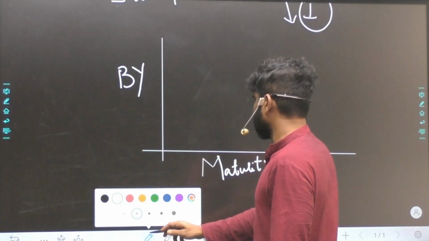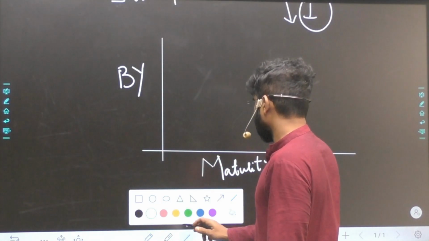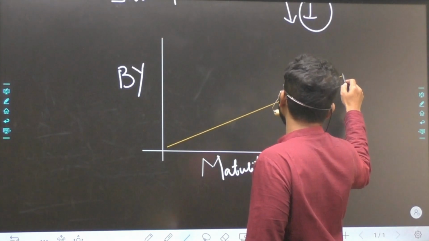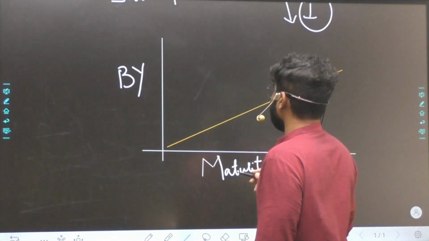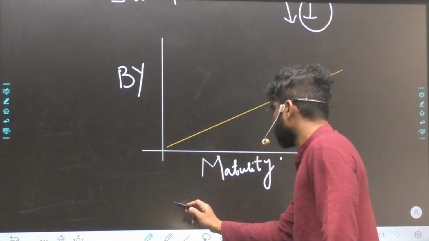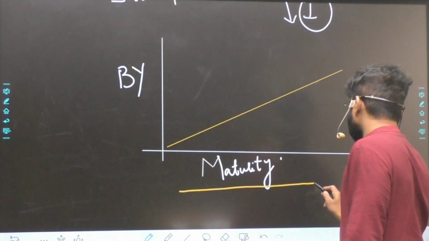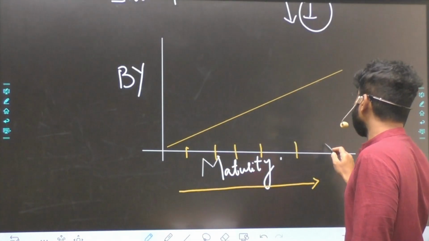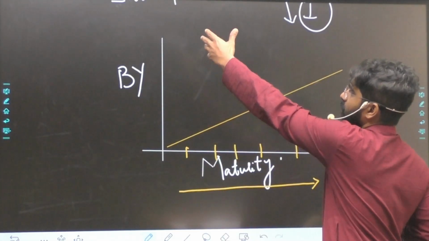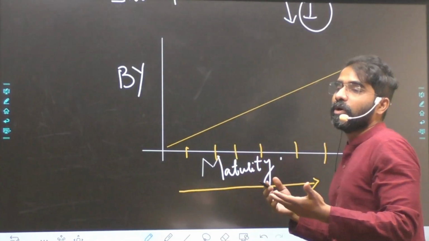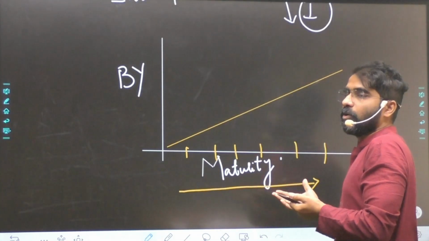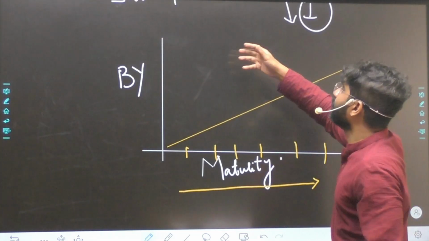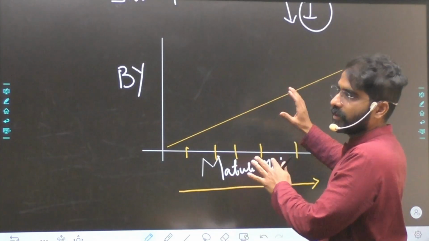A normal graph should be like this. In this graph, as the maturity period is increasing, 1 year bond, 2 years, 3 years, 5, 7, 10, the yield return on the bond should also increase. Otherwise, why will somebody hold a long-term bond? So there should be a direct correlation with the maturity period. The long-term bond should give higher yields. This is a normal graph.